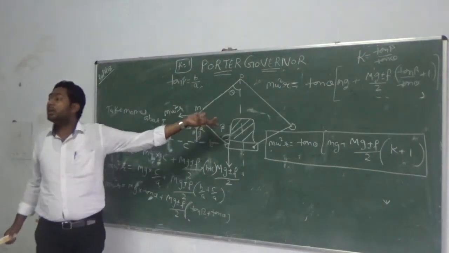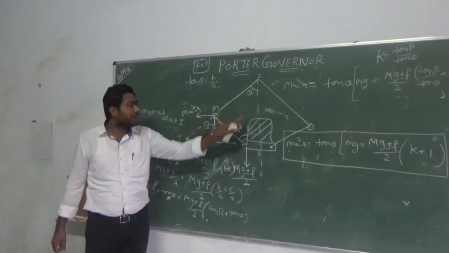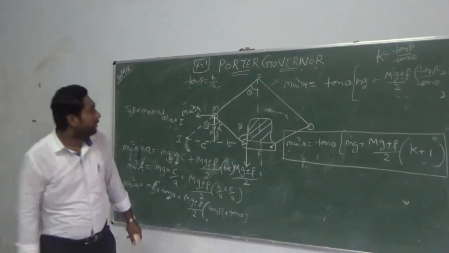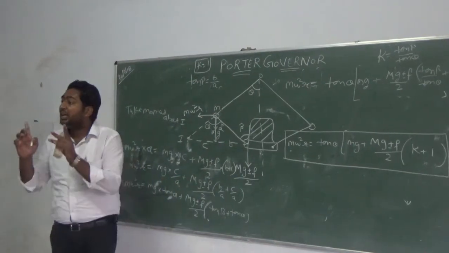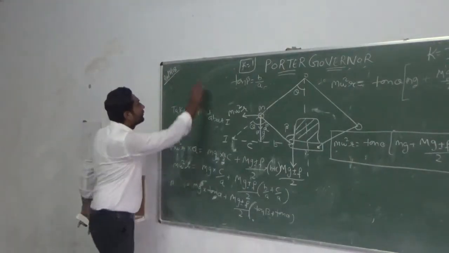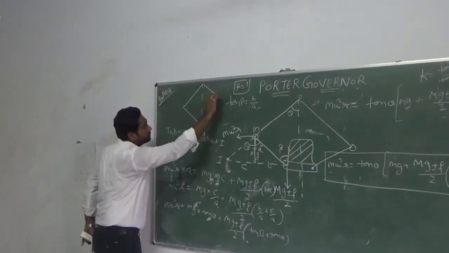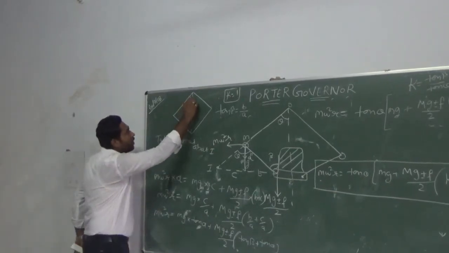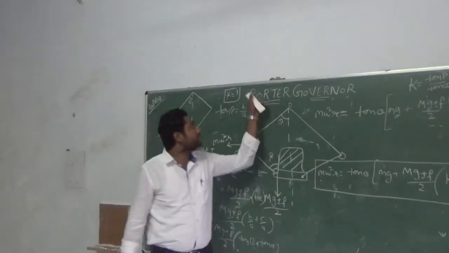When each arm of the governor is equal, then the value of theta is equal to beta and k is equal to 1.